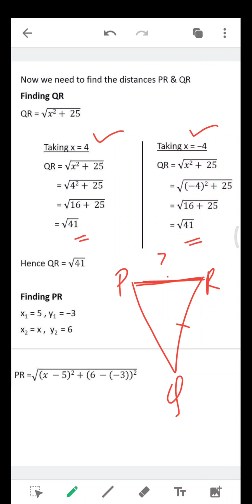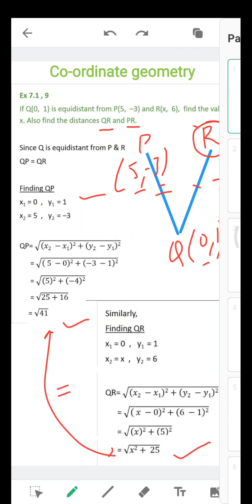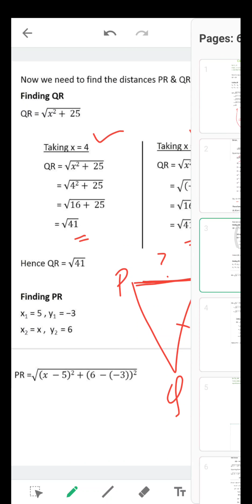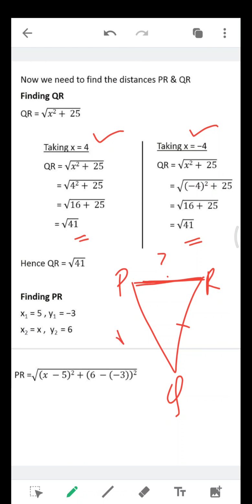He is not asking you PQ, because PQ is already root 41, which we already found. We don't have to find this distance. So finding PR, here also we get two cases.